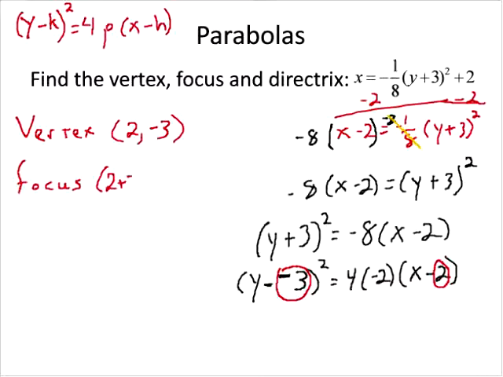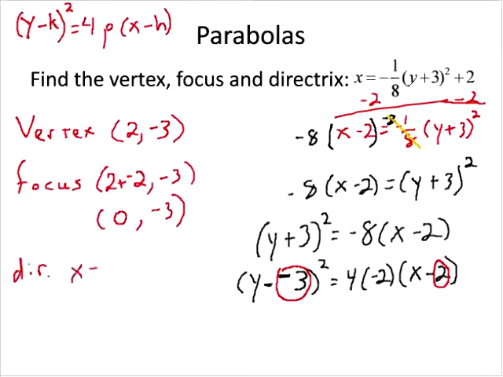So the focus is 2 plus a -2, that's my p value, comma -3. So I've got 2 plus negative 2, that's 0, comma, negative 3.